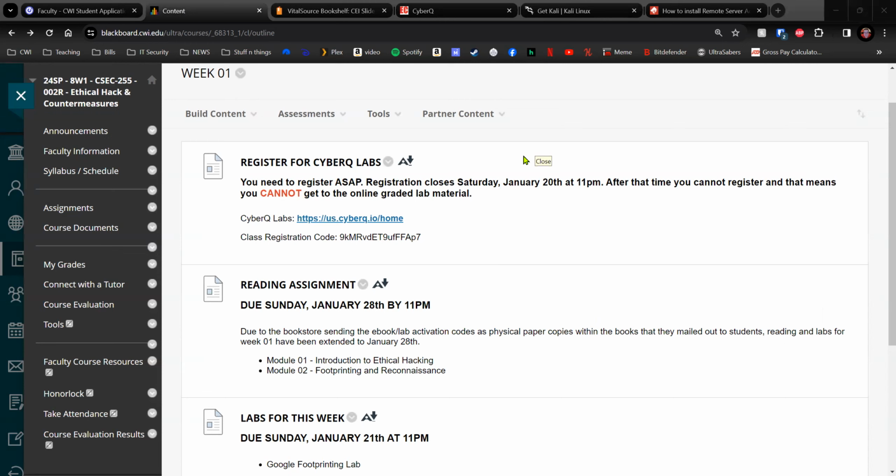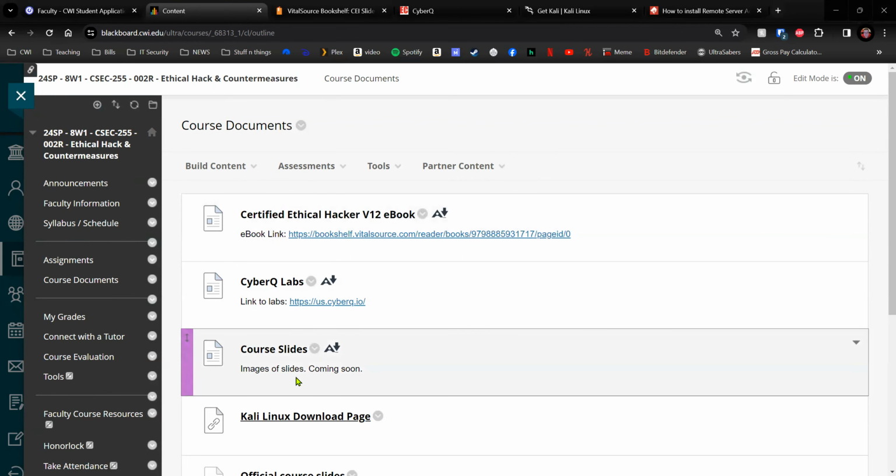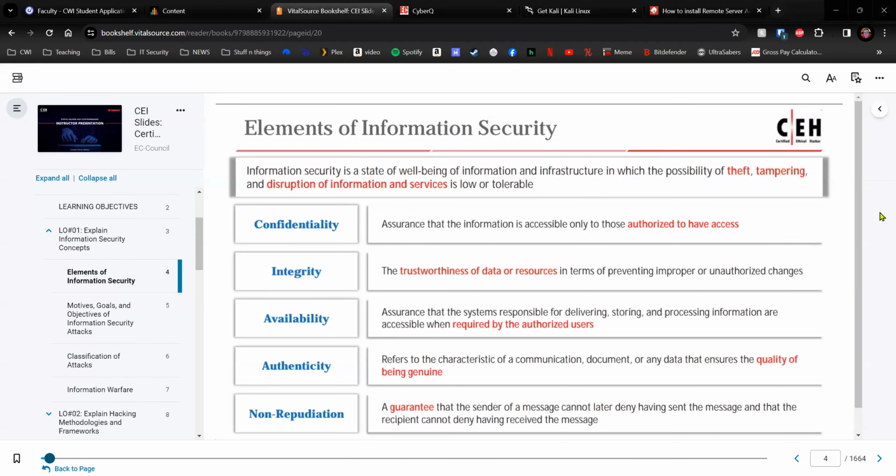Yay, nay? You can see the tabs? Okay. I will put them in course documents. You see, course slides, images of slides coming soon. It will be right there. They will just be images, not really a PowerPoint, but you'll be able to go into module 1, module 2, whatever, and see those.